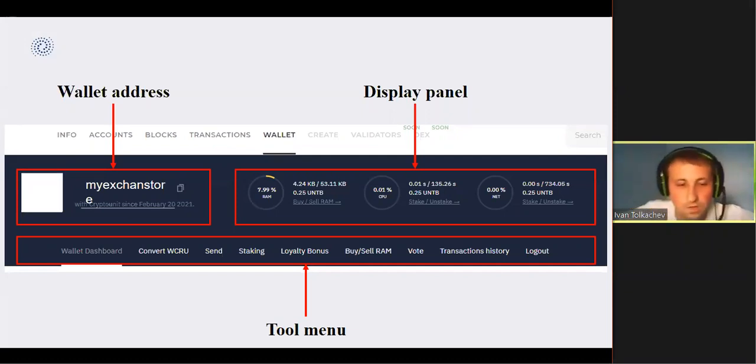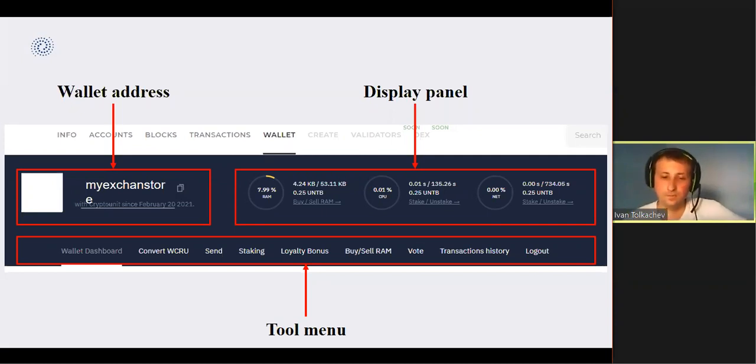The first page is the portfolio of the wallet. Then there is a possibility to convert into World CRU. Our CRU tokens could be converted into World CRU. We have a function to send, which we will look at a bit later. There is another function, staking.